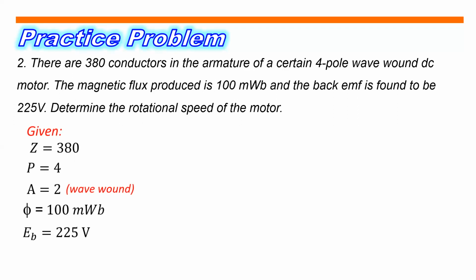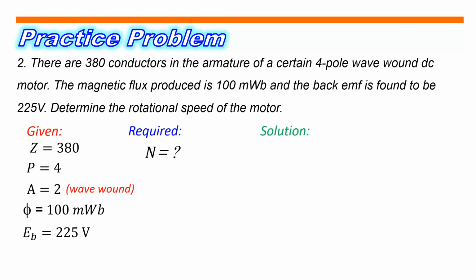The number of conductors is equal to 380. The number of poles is 4. A is equal to 2 dahil siya ay wave wound. And the flux is equal to 100 milliweber. And the back EMF is equal to 225 volts. So we are asked to solve for the rotational speed of the motor.